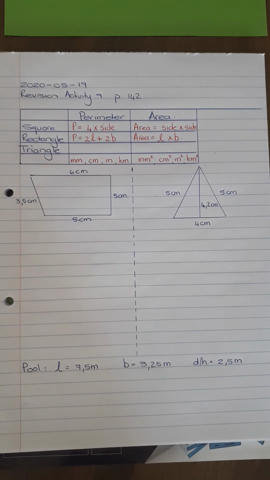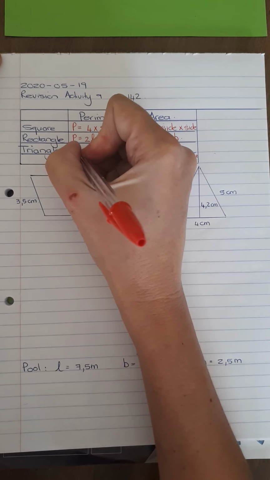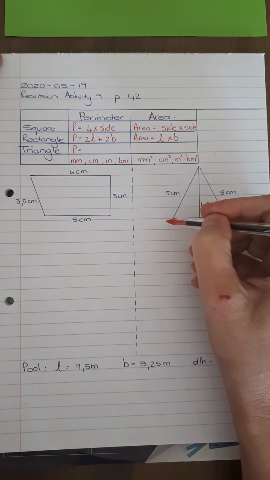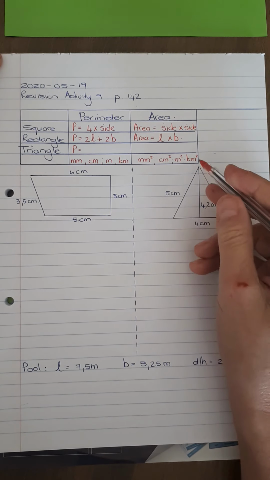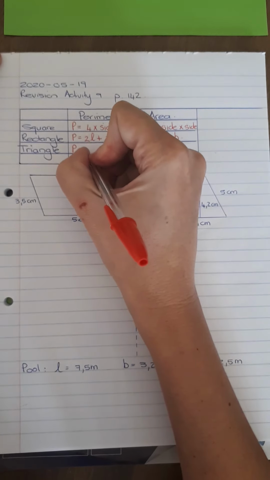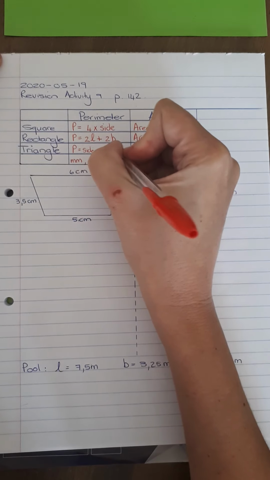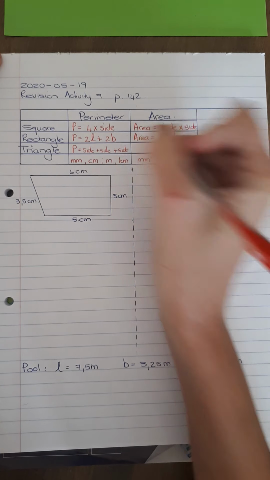Triangle. When we have a triangle, over here we have a triangle, the perimeter, if I don't know the measurements of the sides, it will just be side plus side plus side. That's my perimeter.